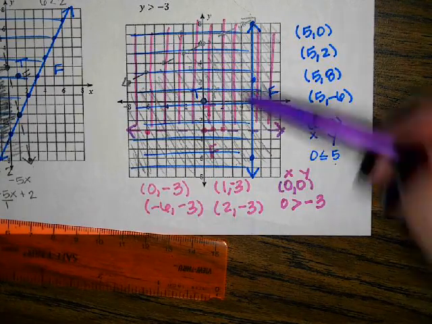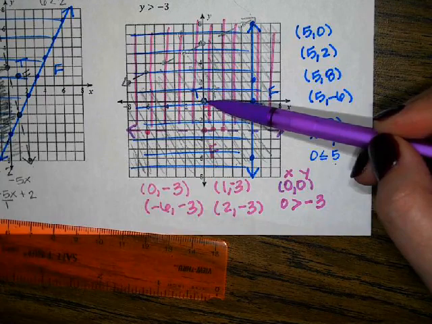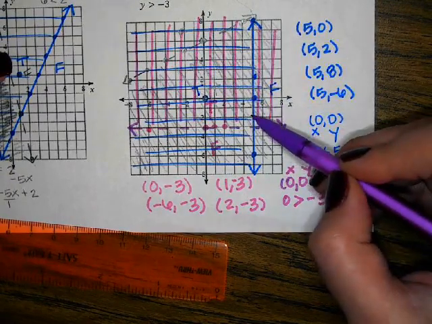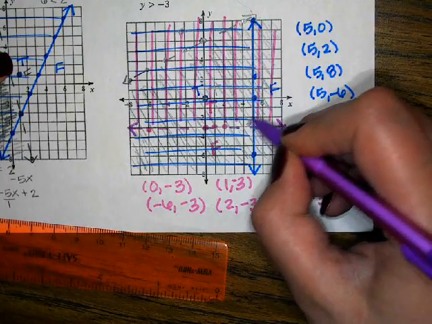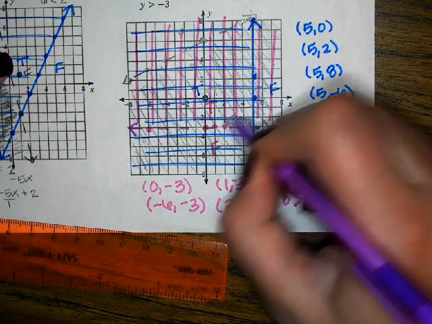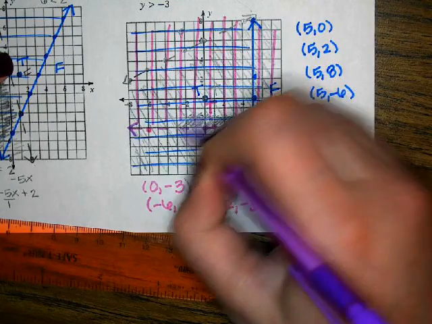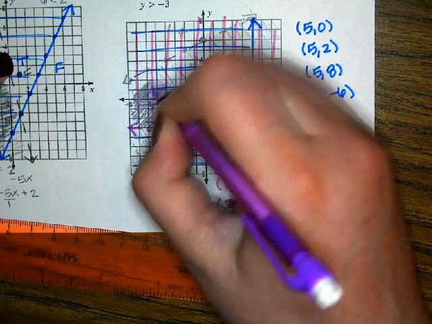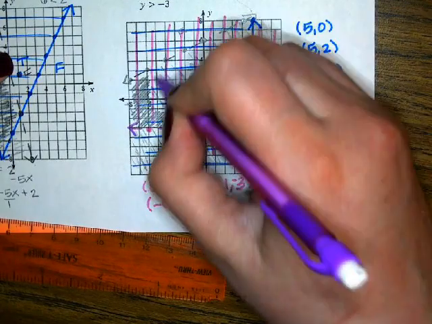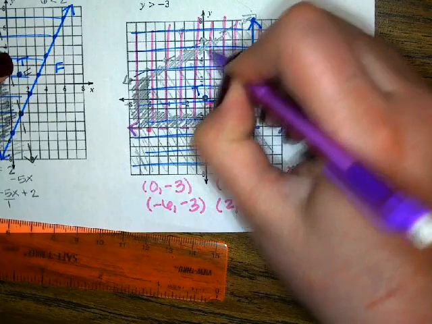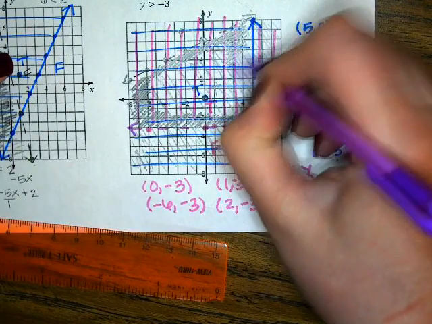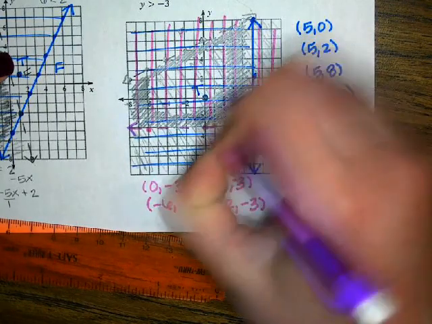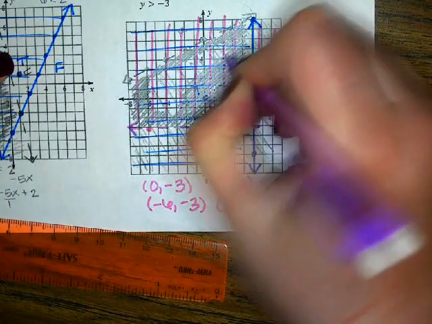This corner is like the boundary, and it goes along here, and it goes along here, and then it goes along this dotted line, and along the blue line, and then this whole part right in the middle. So the hardest part about doing multiple graphs is you just have to keep track of what you're shading. That's the hardest part, okay?